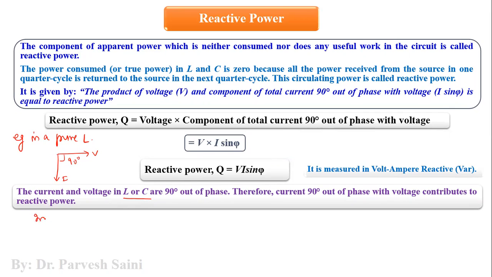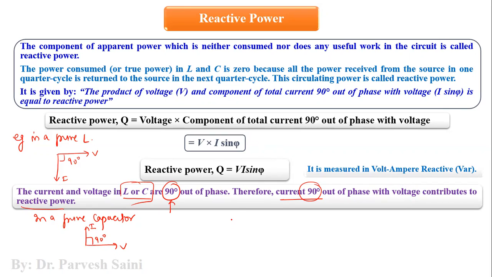In a pure capacitor, we have the current leading the voltage by 90 degrees. So we have a phase difference of 90 degrees in both of these components, and because of this 90 degree difference, we have reactive power in these two components, L and C.